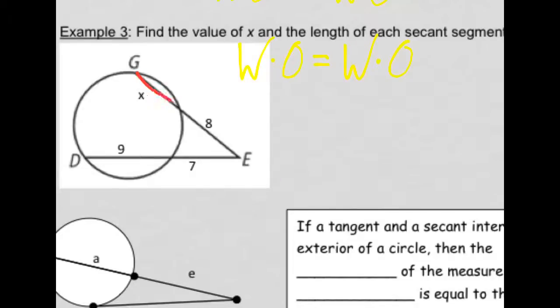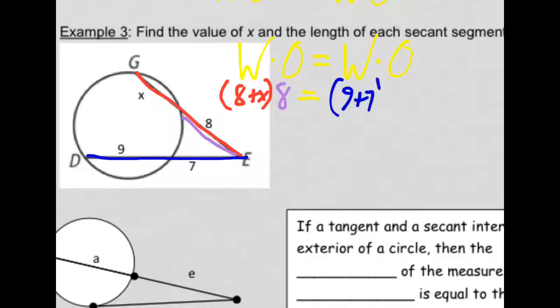For GE, what is the measure of the whole? 8 plus x times what's outside? 8 equals, what is it? 9 plus 7 times 7, right?